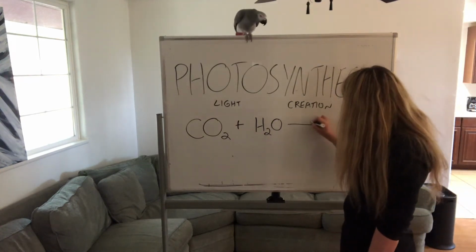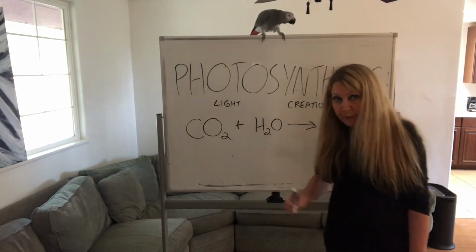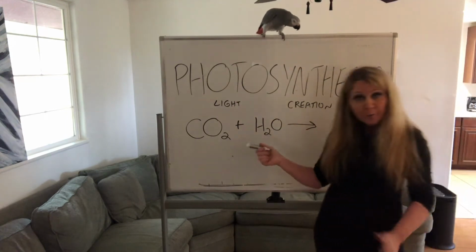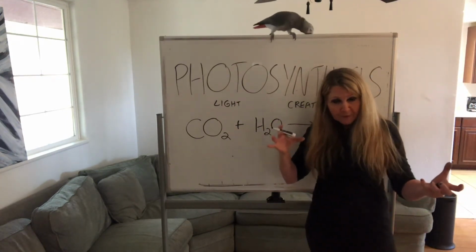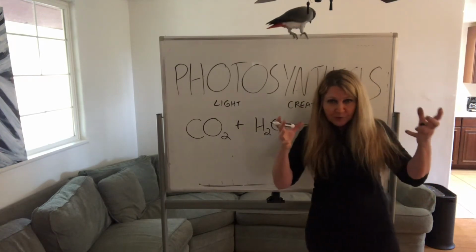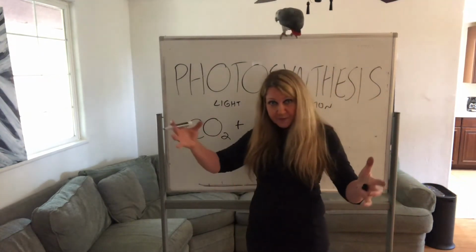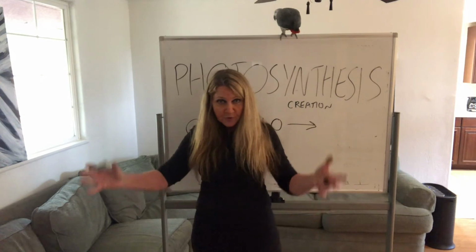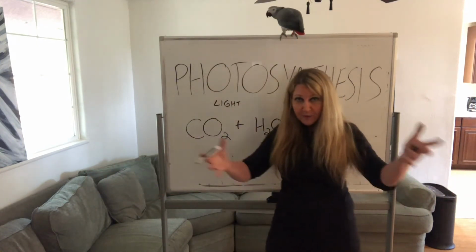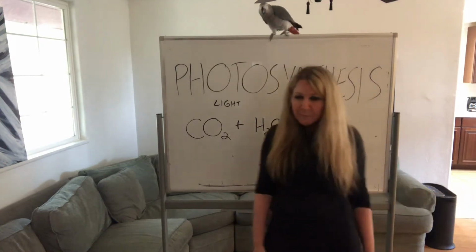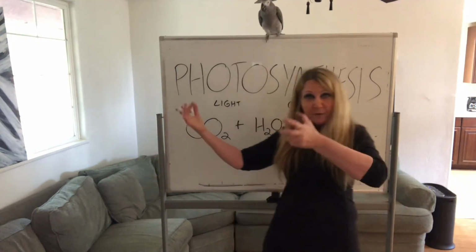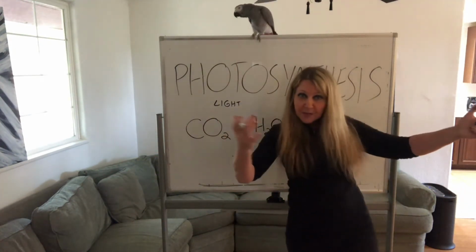And then I want to draw an arrow. When we show a chemical reaction, which is a reaction where what you start with is not the same as what you end up with, we show the before and after. I know you see before and after pictures, like people that lose a lot of weight, who post a before picture and then an after picture.